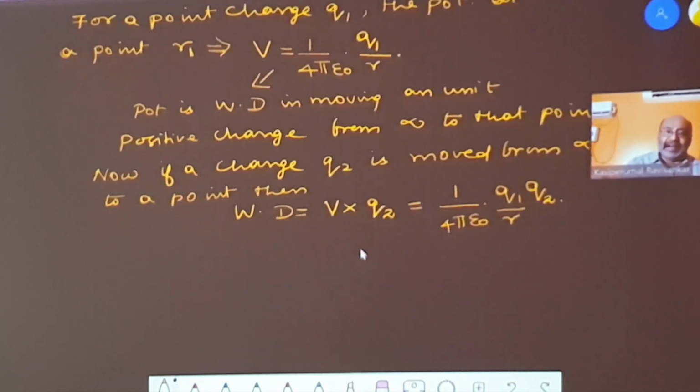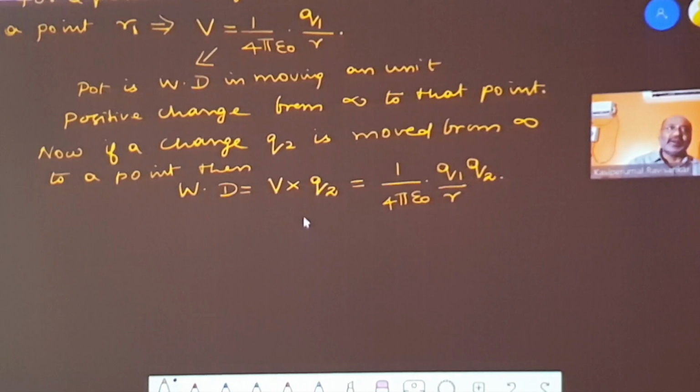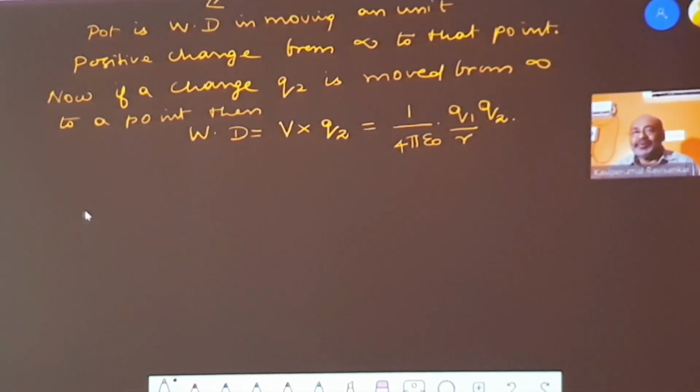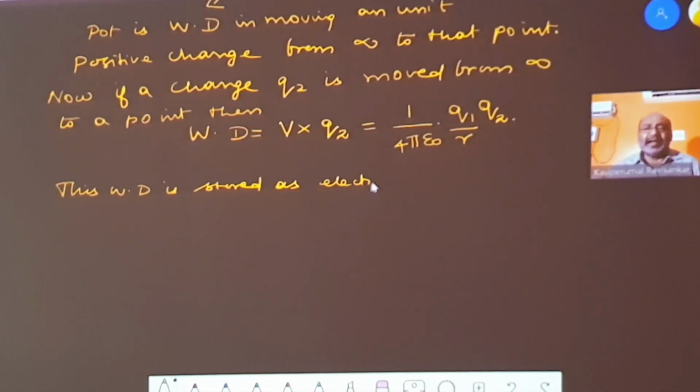Now this work done is stored as what? This work done is stored as the potential energy. So I can write this work done is stored as electrostatic potential energy due to the two charges.